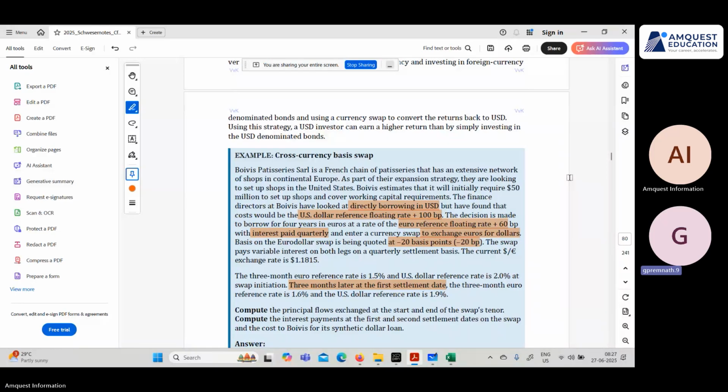So net, he's paid 285,059 euros, which translates to $337,794.